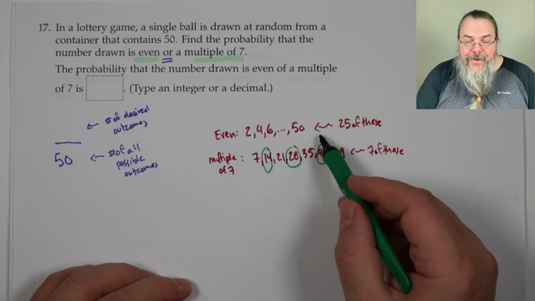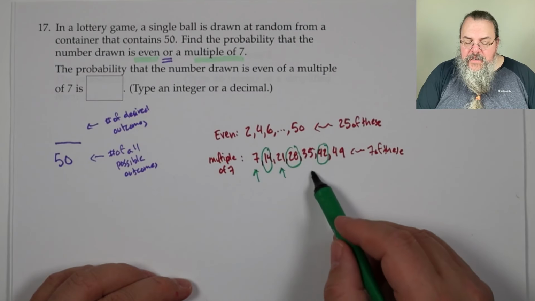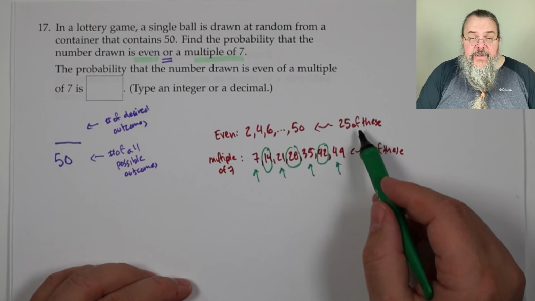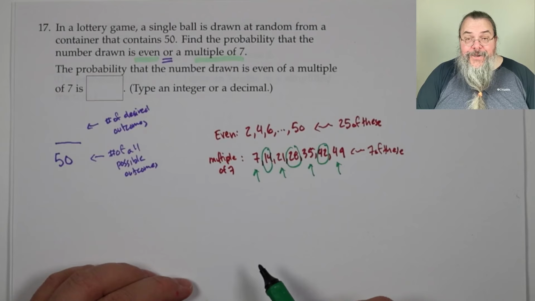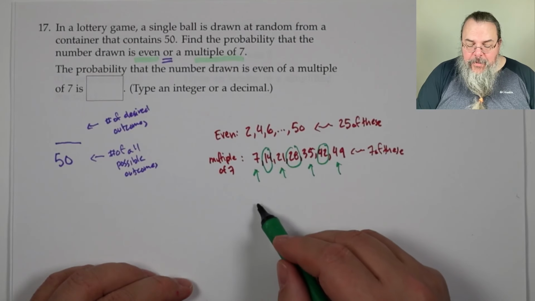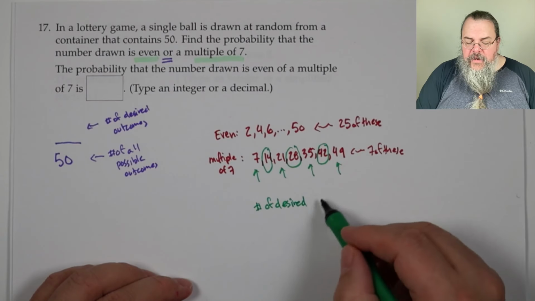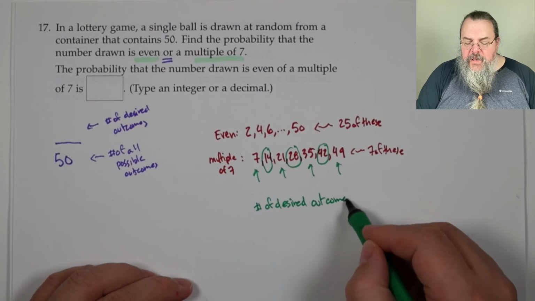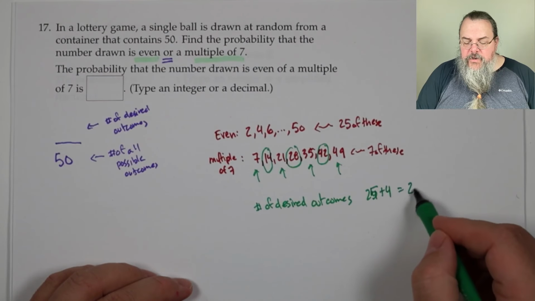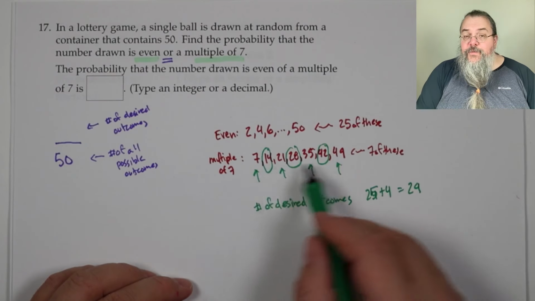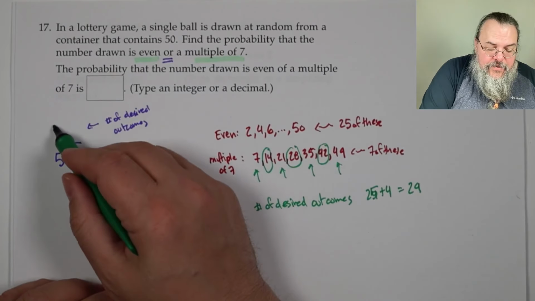We've already got those. So what new things got added? We had 25 numbers, plus we get 1, 2, 3, 4 new things added to our list. So the number of desired outcomes is 25 plus 4, or 29. The plus 4 is because there are 4 new things that we hadn't already accounted for. So that goes here.